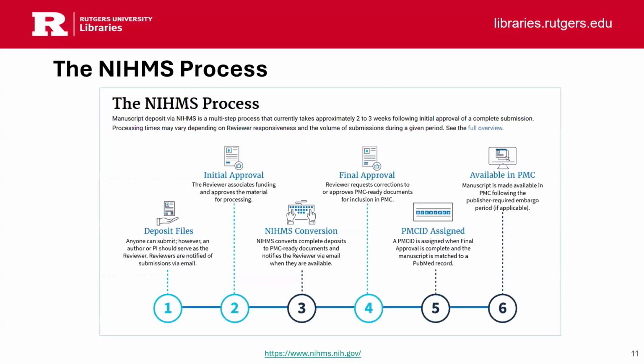This is a screenshot of the NIMS submission process. So you see step 2 and step 4 involve the approval. If you are the PI submitting, then you will get the email to approve. If your designee submitted for you, then you will receive an email. Don't ignore those emails. If you ignore them, then the deposit will not be completed.